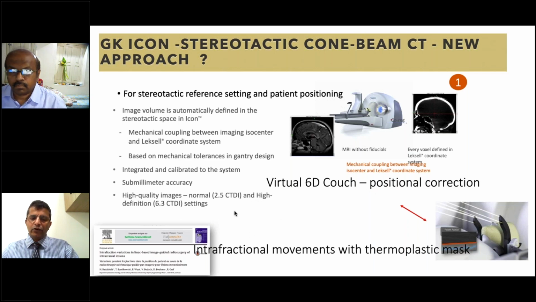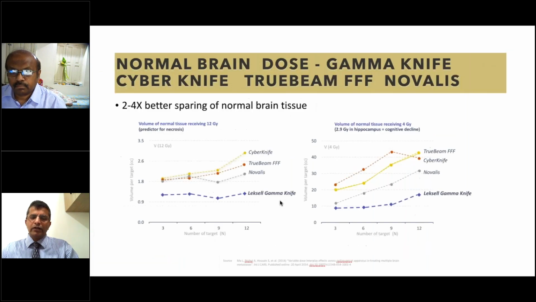It also has some more studies about the intrafraction movements using the thermoplastic mask and other ways. So we also need to understand, when we consider the Gamma Knife radiosurgery systems, the normal brain dose when we are targeting.